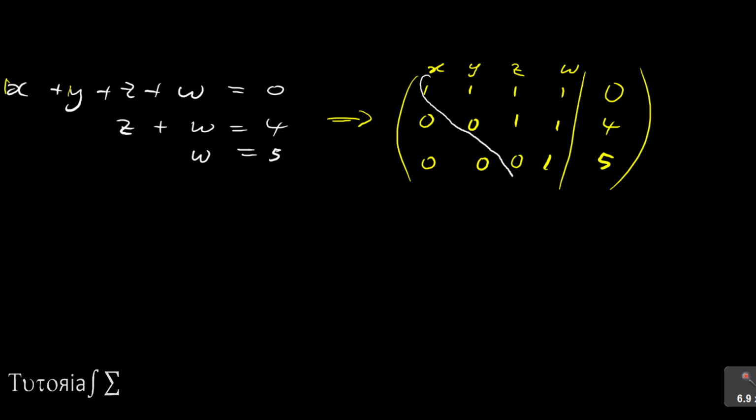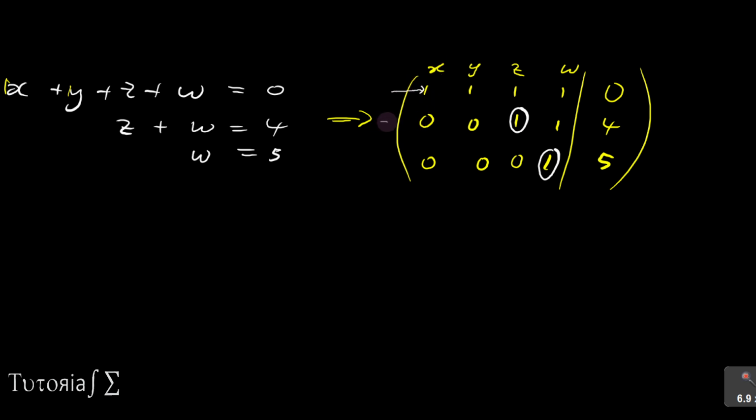I think the best way to do this is to check: z has a leading element and w has a leading element, but for y there is no leading element. A leading element is the first non-zero element in a row. So when we check this row, we reach our x here. x has a leading element 1.